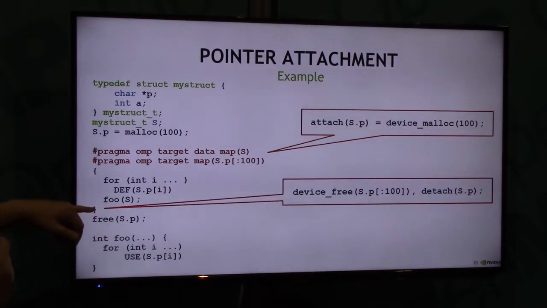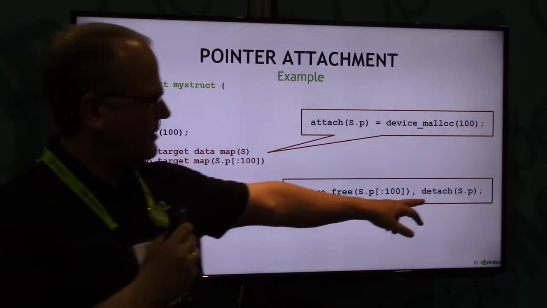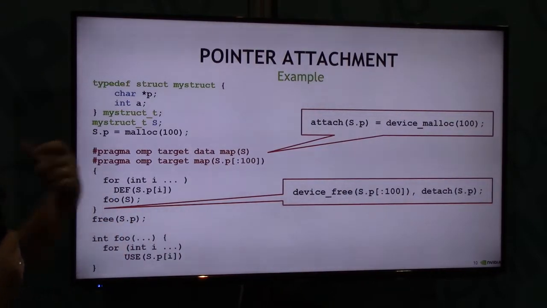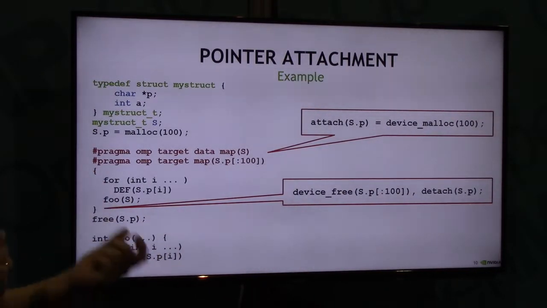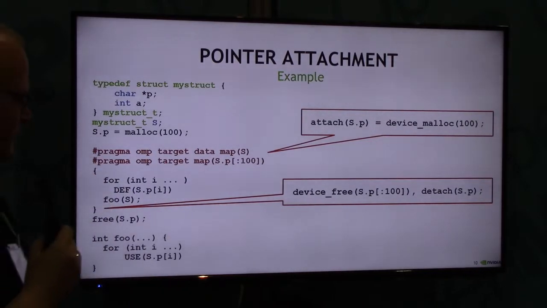When we leave, we will clean up properly, so we'll release the memory on the device and then we'll detach. And part of what the detachment does is make the copy of s.p point to the correct thing on the host again. So when copy out occurs, you get the right addresses.